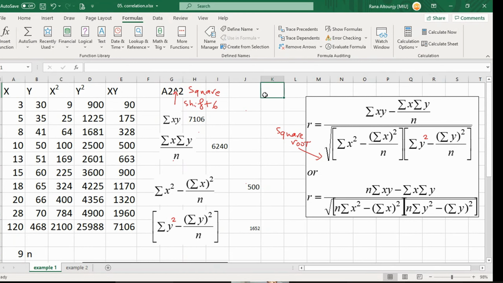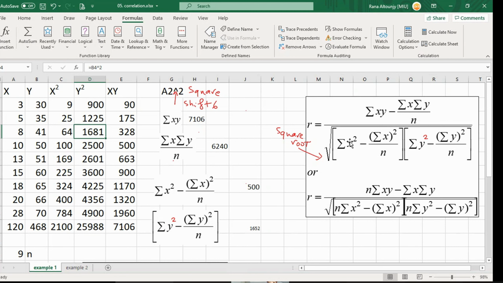We put equal, we choose the cell, we put shift 6, we put 2. It's going to be the square. So here is how we calculate the square of each value of x, then the square of each value of y. This is for the second part.